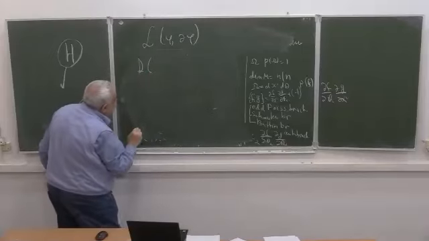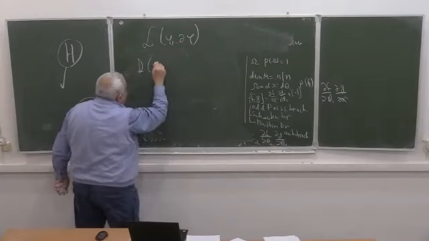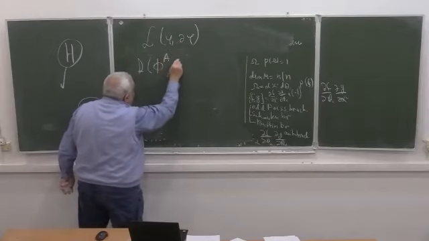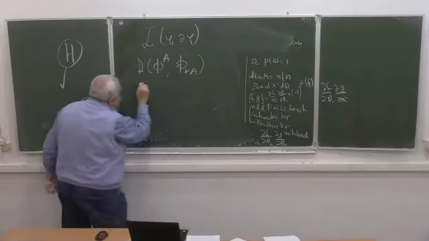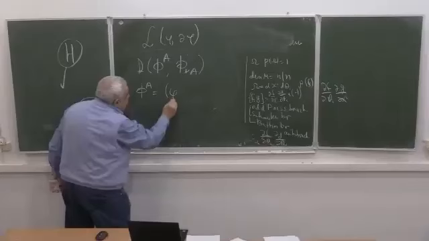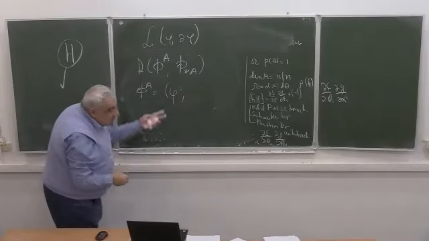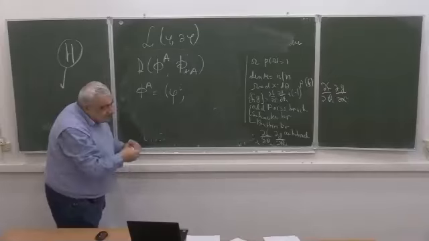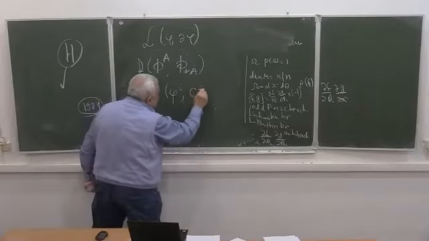Okay, now I will write something. Here you have fields, which depend on fields and anti-fields. I will try to explain what it is. What are fields? Fields of the theory. It is the usual fields phi, but you have to consider both because you have to consider some gauge surface and some integration.